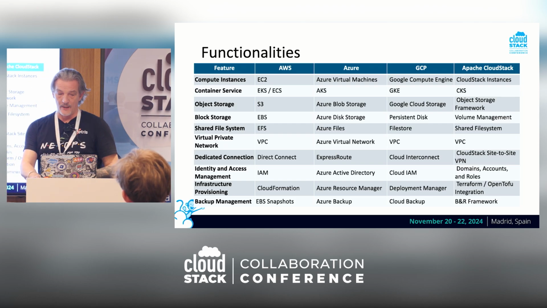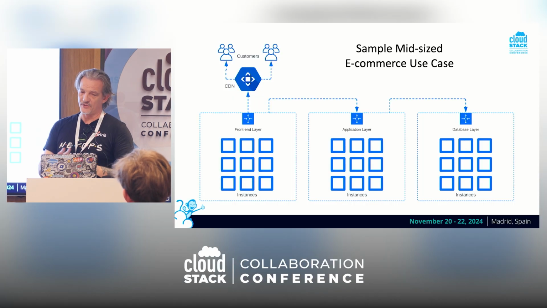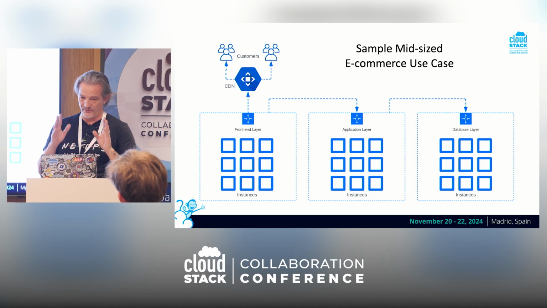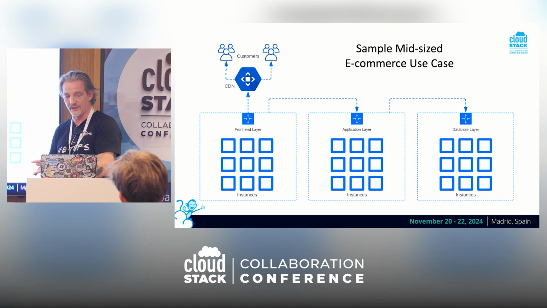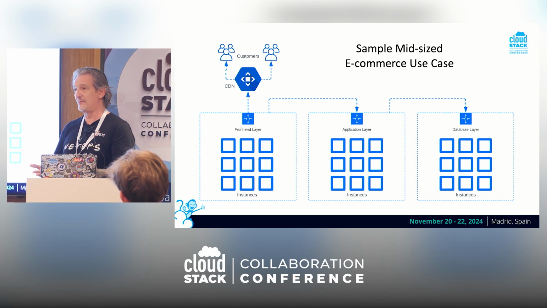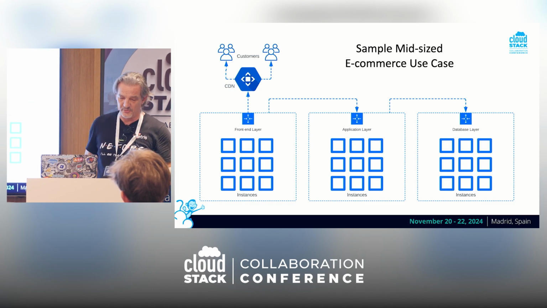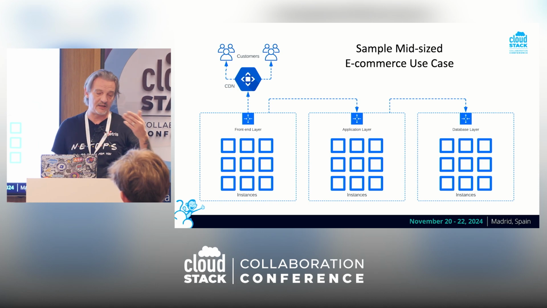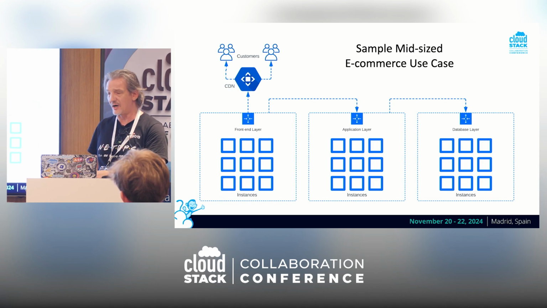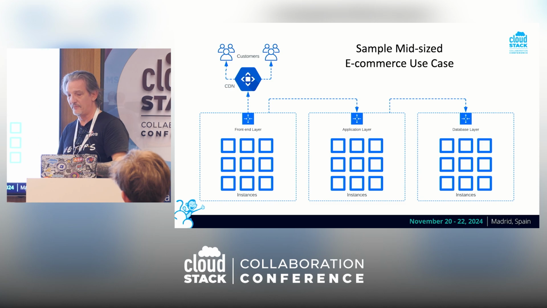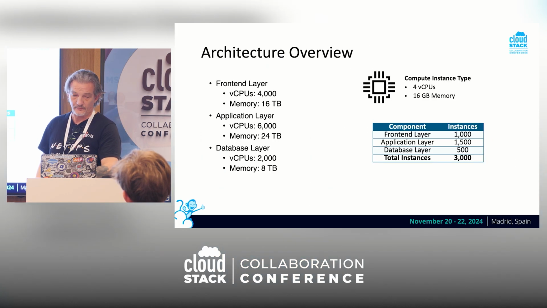So my sample use case will be very simple, with 3 layers. It's a mid-size e-commerce use case with the front end, the application layer, and the database. Here, in the front end, you can have, for example, the homepage, product search engine, and other services you have used, shopping cart, checkout, and so on.